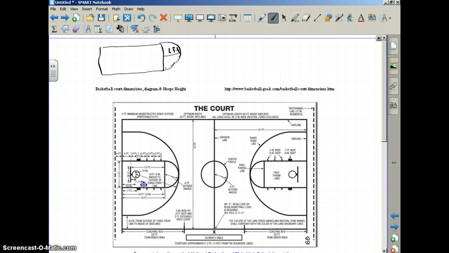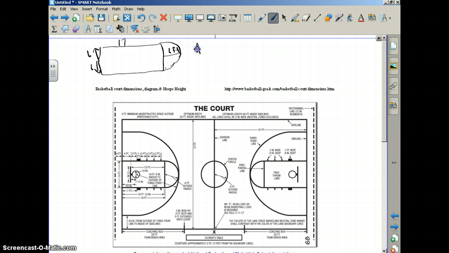Okay, so we have a total of 17 feet here. And then once again, they said that this was a radius of 6 feet. So this is going to be 6 feet this way and 6 feet that way. So that is a total of 12 feet.